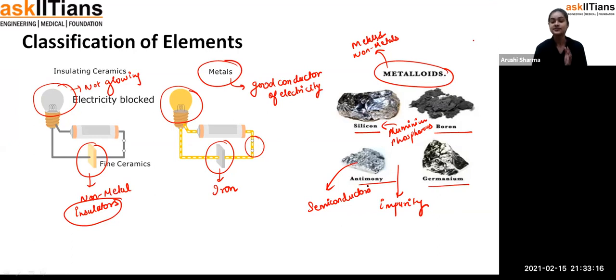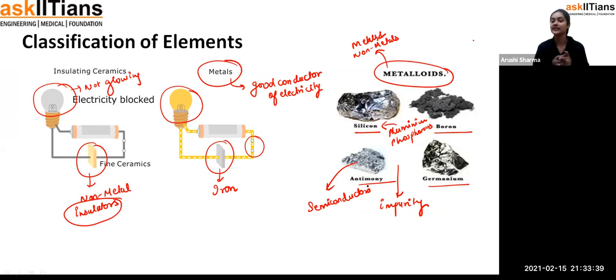Fine. So that's how, students, we have the classification of elements: metals, non-metals and metalloids. Metals are good conductors of heat and electricity, because they allow the proper passage of current, and there is the glowing of the bulb. But in the case of non-metals, they will not allow the passage of current and the bulb will not glow.